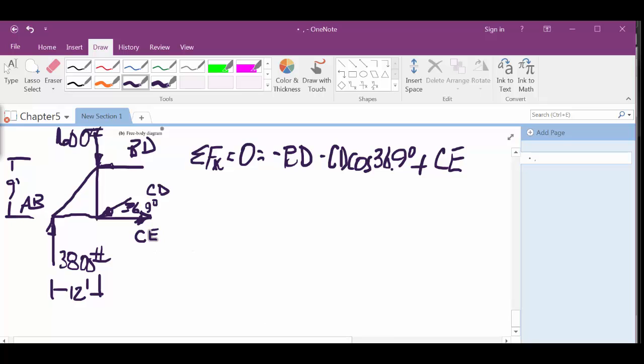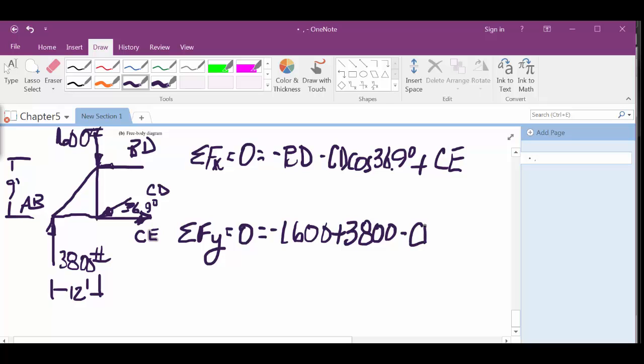Holy cow. Way too many unknowns, huh? Sum the forces in Y. Minus 1600 plus 3800 minus CD sine of 36.9. That's it, right?